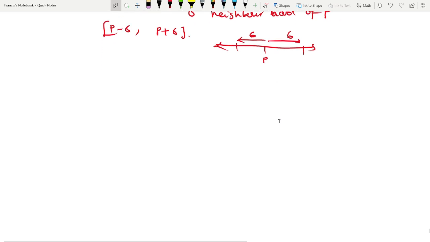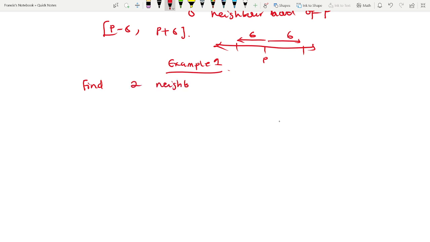Let's solve an example here. Example 1. Find two neighborhood of 0. How do we solve this? To find two neighborhood of 0, what you're supposed to do is locate your center, locate your radius.